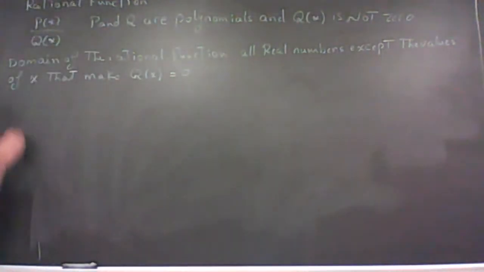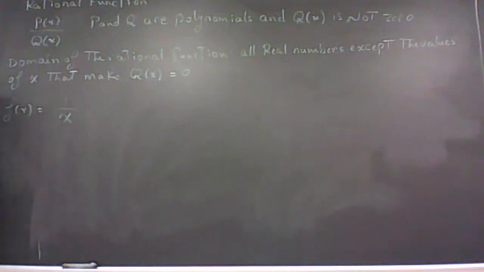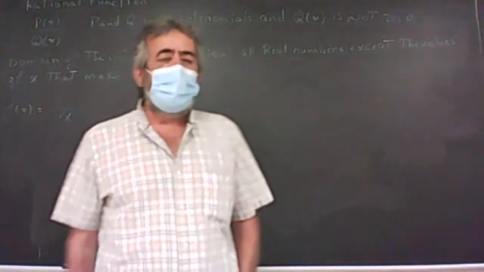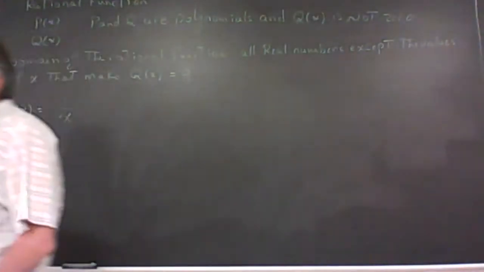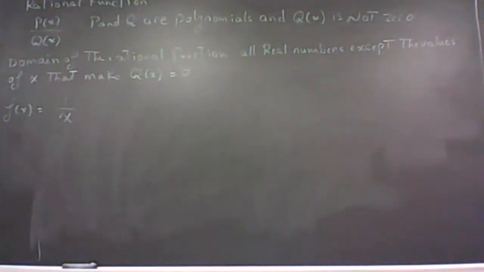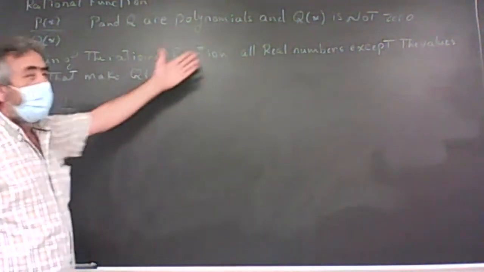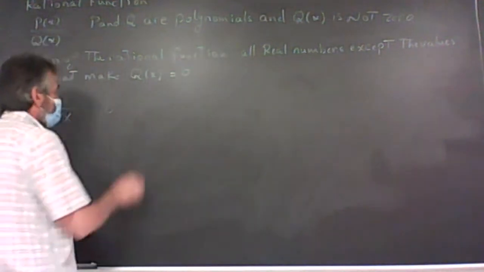Okay. So if I have, for instance, say, f of x equals 1 over x. That's a simple equation. And we're trying to find the domain of that function. So I want to look at the domain. So domain is, we start with all real numbers. Yes? So I'm going to write it down.